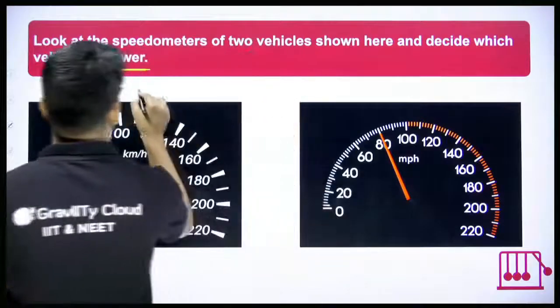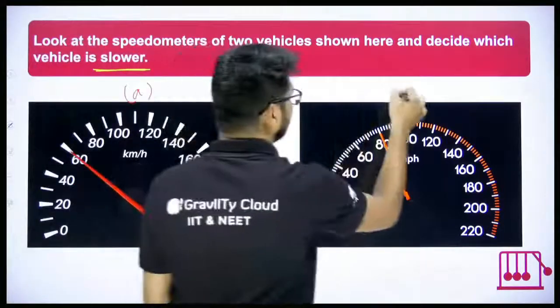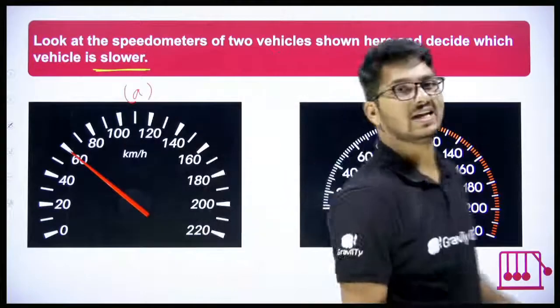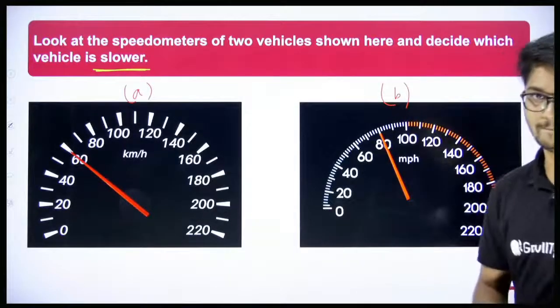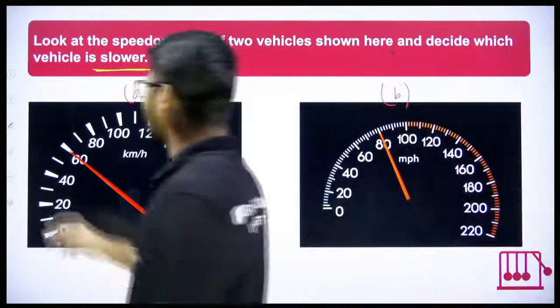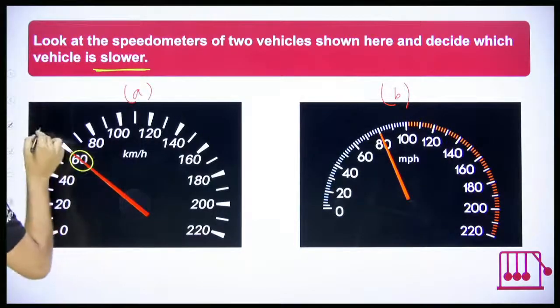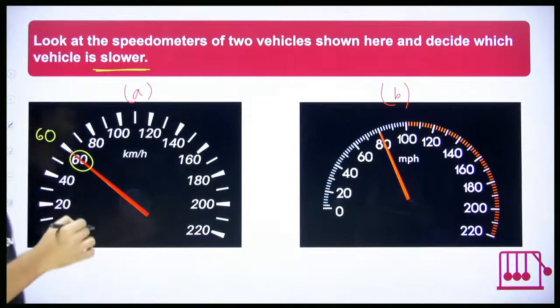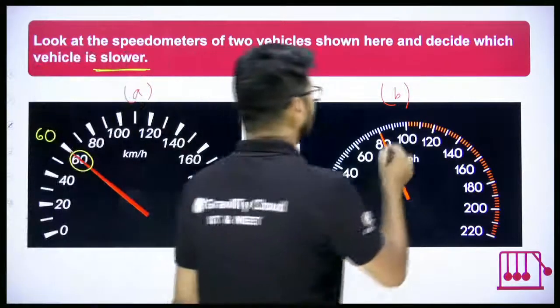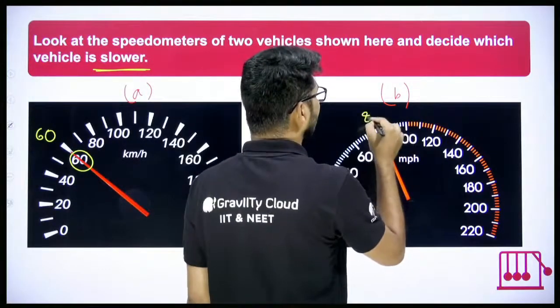If I call this A and this B, which vehicle is slower, A or B? Vehicle A is showing 60 kilometer per hour. And what is vehicle B showing? It is showing 80.